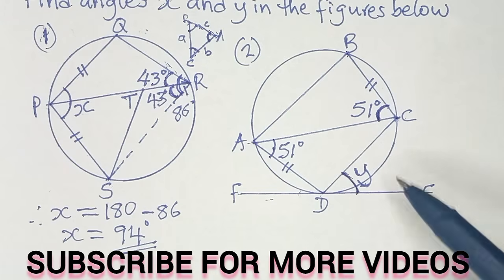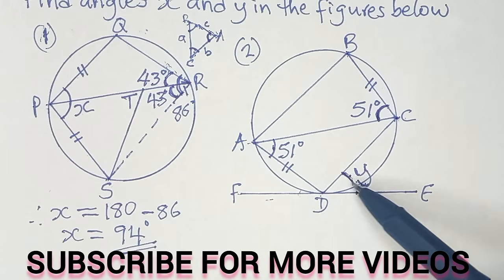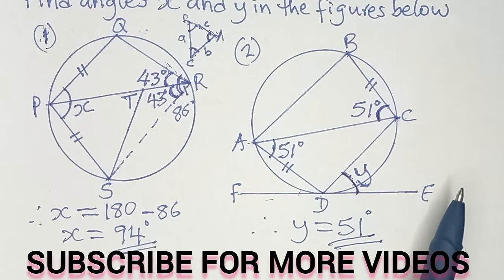And what rule is that? Angles in alternate segments are equal. So we'll just conclude from there that angle Y is equal to 51 degrees, and that is the final answer.